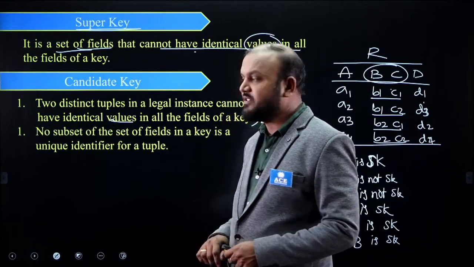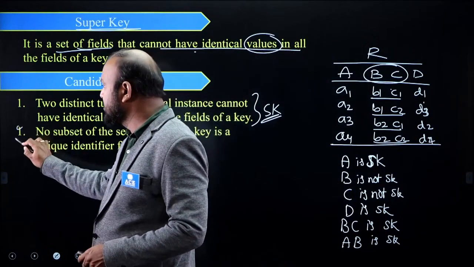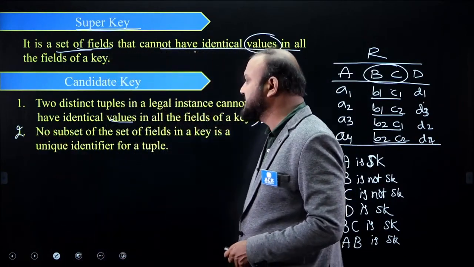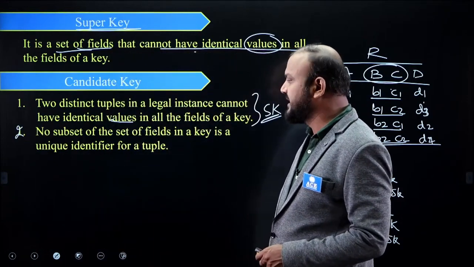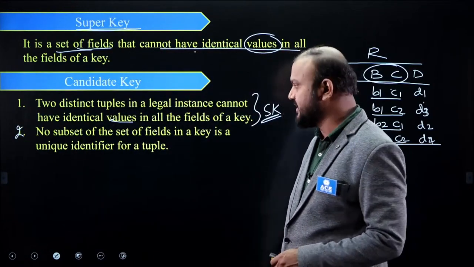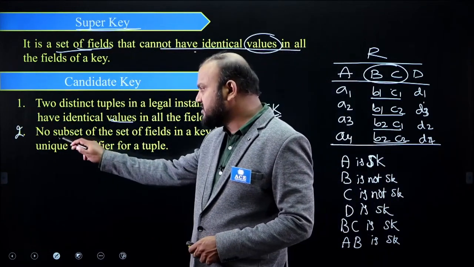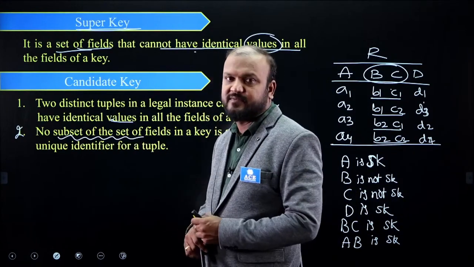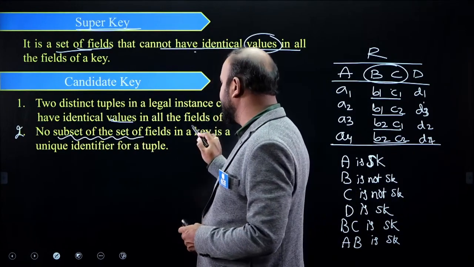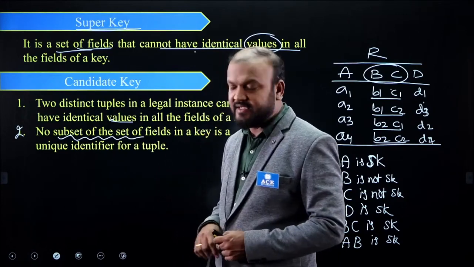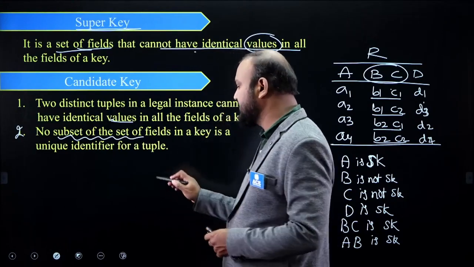And the second condition is that no subset of the set of fields in a key is a unique identifier for a tuple. What does it mean, no subset of the fields of a key?